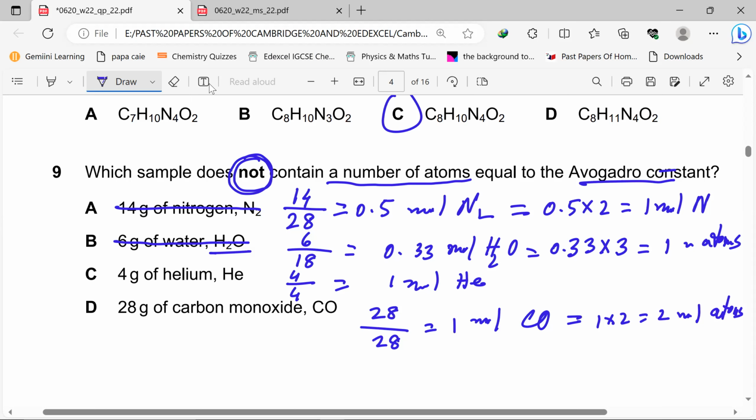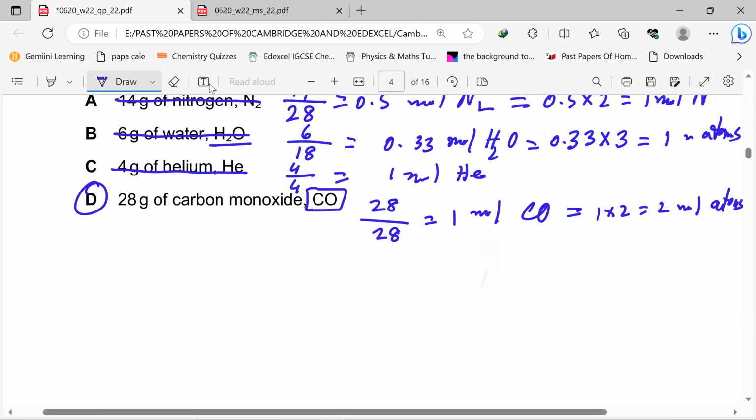Because in carbon monoxide, we have 2 atoms in 1 carbon monoxide. So in 1 mole of carbon monoxide, we'll have 2 moles of atoms. So D is the only correct answer. So this question is very important. So this is not correct. D is the only correct answer.